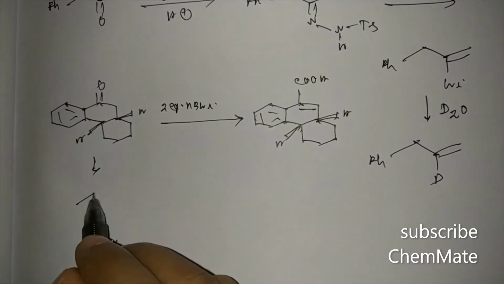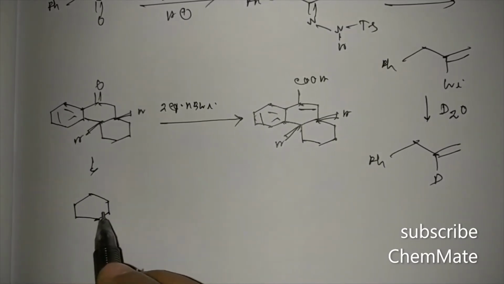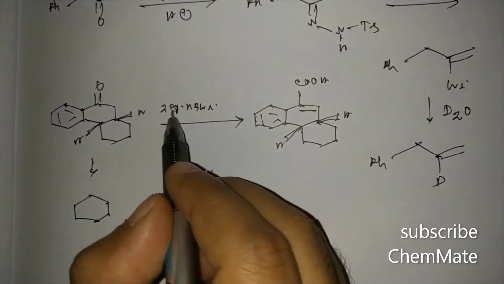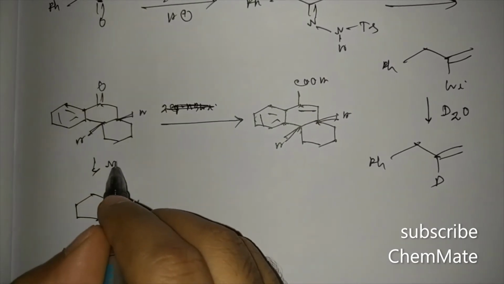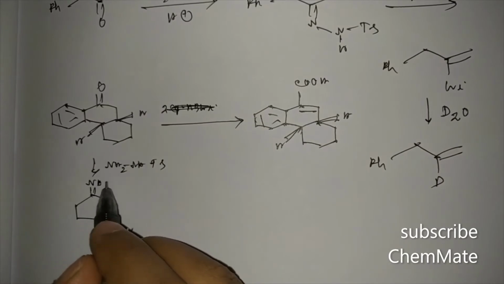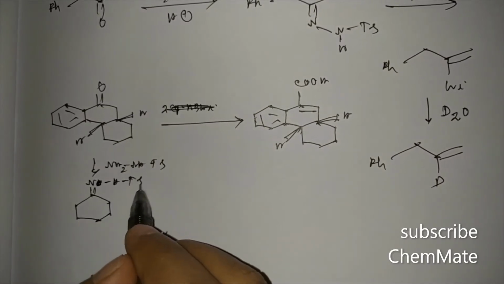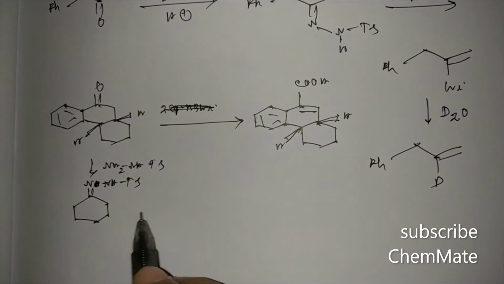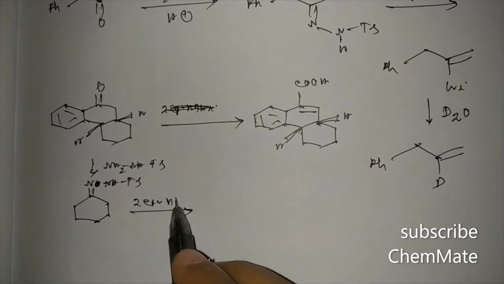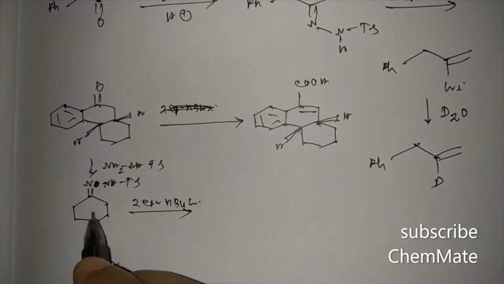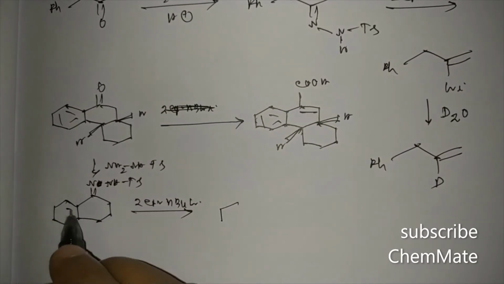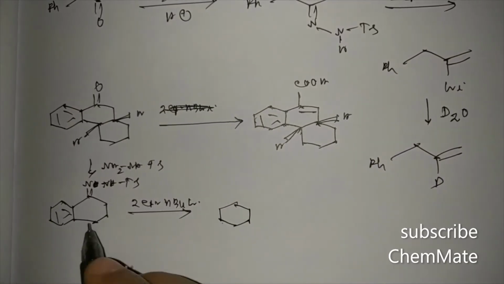Here this carbonyl group will first be converted to the tosyl hydrazone, NHTs, and then it is treated with 2 equivalents of n-butyl lithium. Here the benzene ring is there, so the less substituted alkene will be formed.